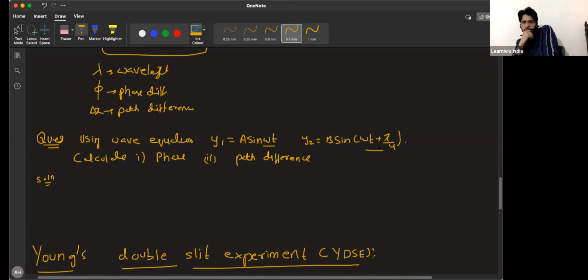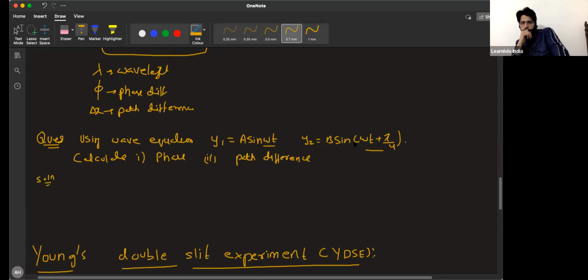Fatma, what is the phase difference between these two wave equations, y1 and y2? Fatma, just look at these two equations. What is the phase difference between these two equations?